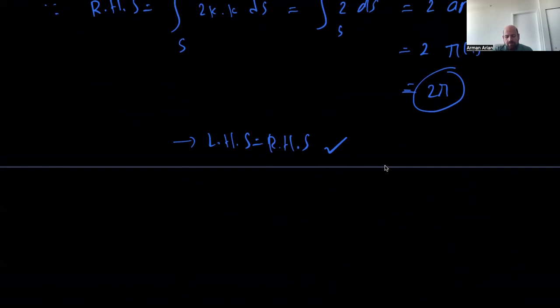One thing I want to note here: if you don't have the positively oriented boundary, for example if you choose n as minus k, then the right-hand side will be minus 2 pi, while the left-hand side is 2 pi. Or if you cover the boundary clockwise but still keep n as k, again one side becomes minus 2 pi and the other side becomes 2 pi.